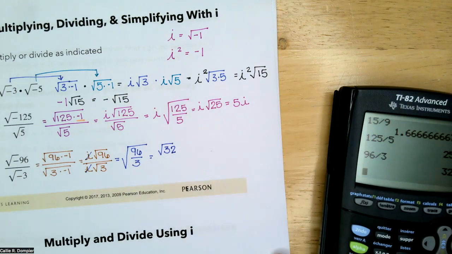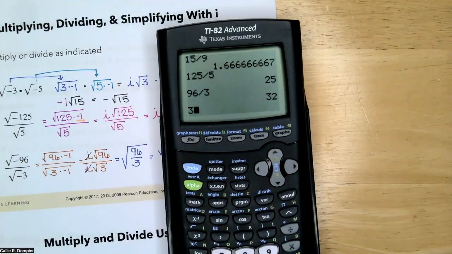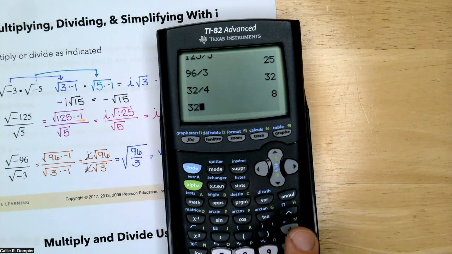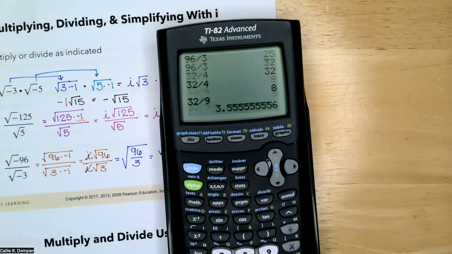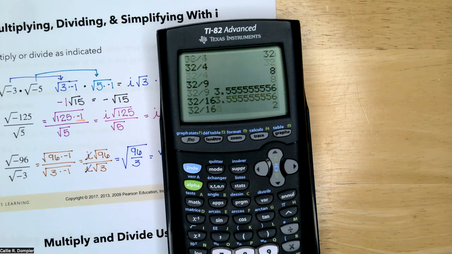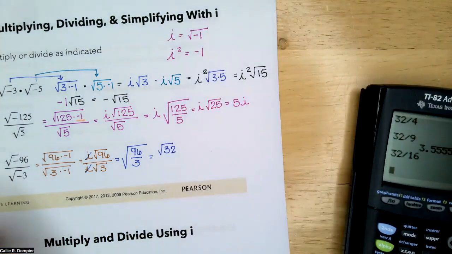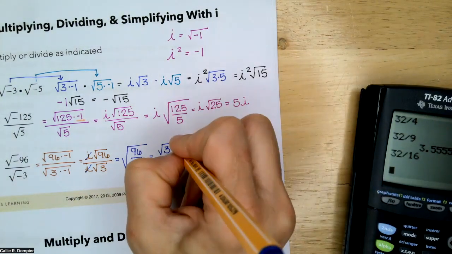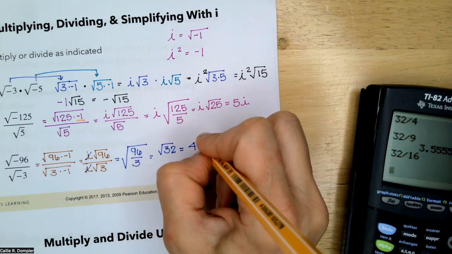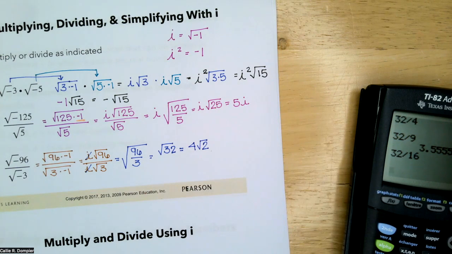See if you can simplify 32 at all, okay? 32 divided by 4. Yes, I know we've done this. 32 divided by 9. No. 32 divided by 16, right? So 32 is 4 square root 2.